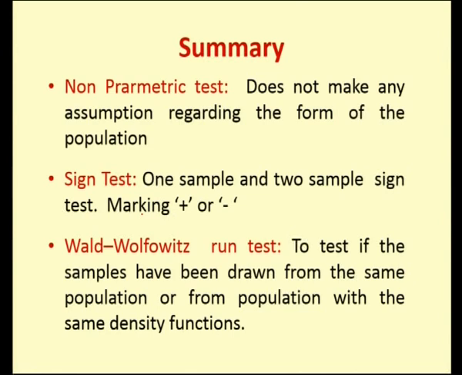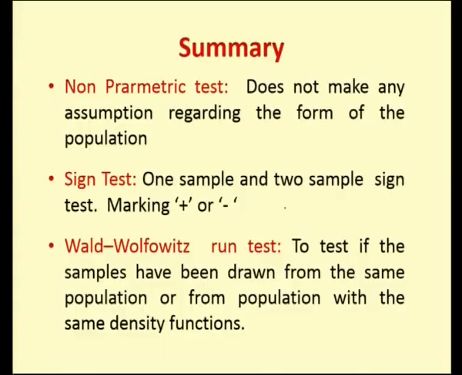Before going to the Wald-Wolfowitz run test, if the case is a two sample sign test, you take the difference, and after taking the difference you follow the same procedure as for the one sample test. In the Wald-Wolfowitz run test, the samples have to be drawn from the same population or from populations with the same density function.